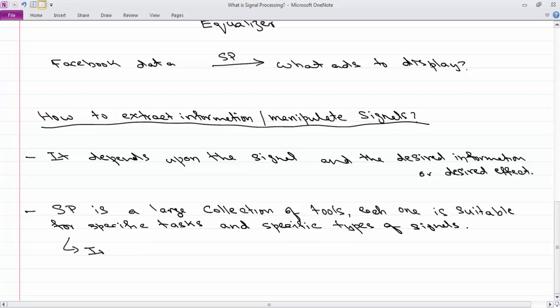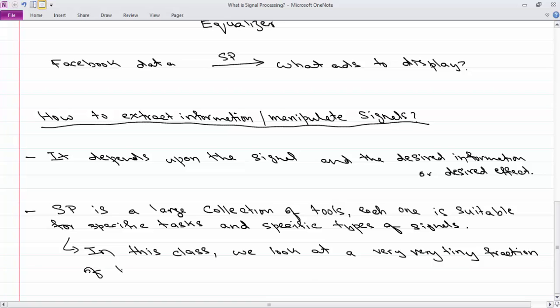In this class, we look at a very, very tiny fraction of the world of signal processing.